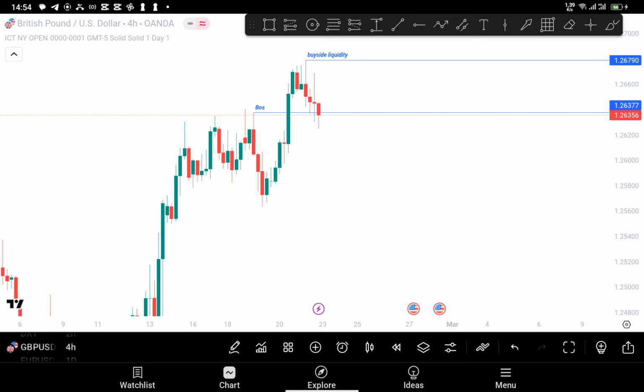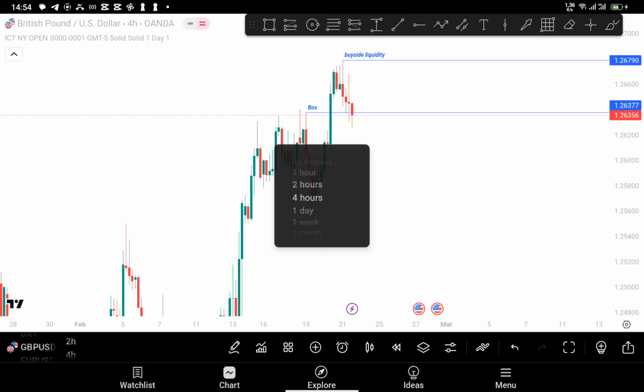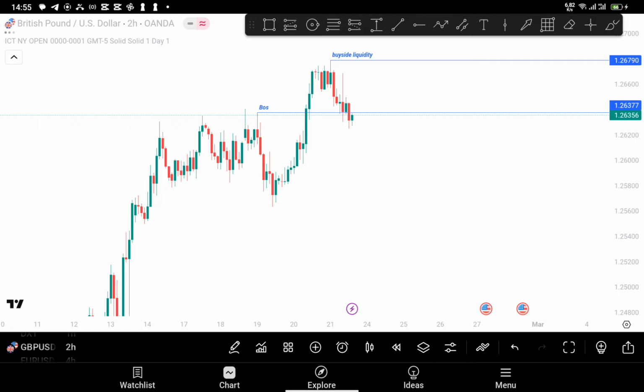So we would like to see the market also find support in this kind of range. We'd like to see where the market will find support.